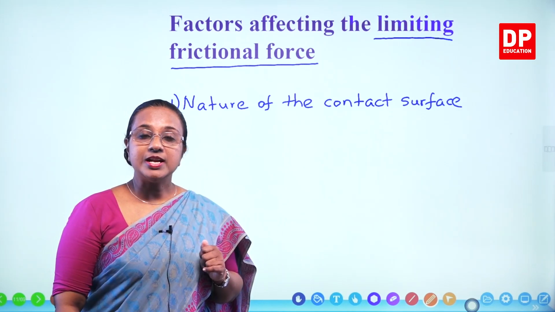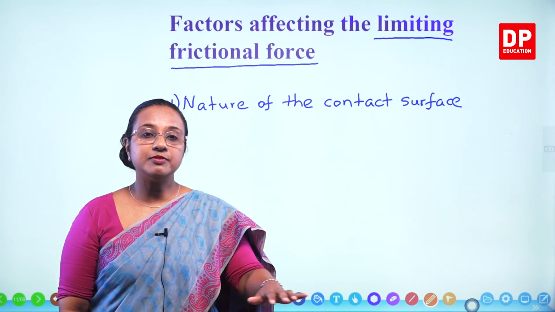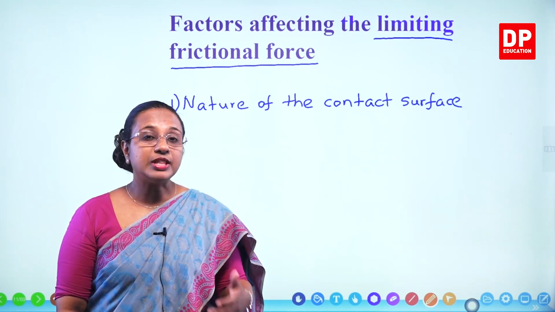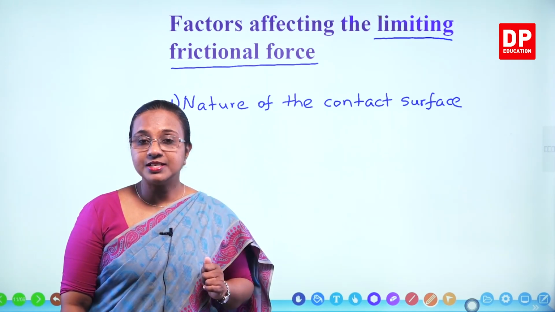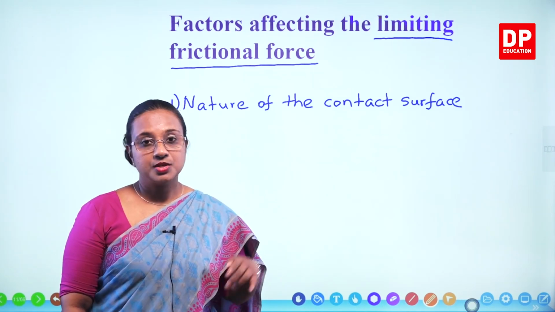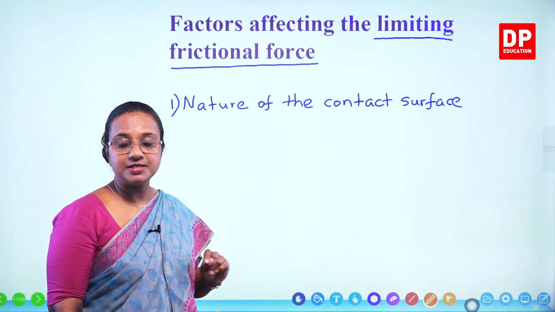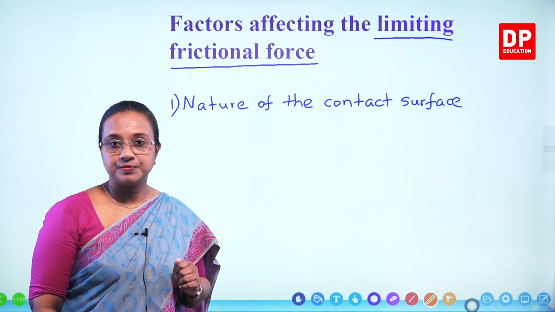We discussed one example at the beginning. A floor, a normal floor, you walk without slipping. A floor that is wet, the nature of the contact surface changes, we tend to slip. So we will see how the nature of the contact surface affects the limiting frictional force.